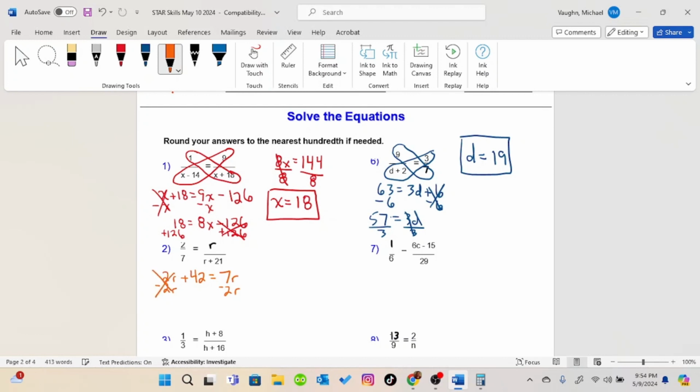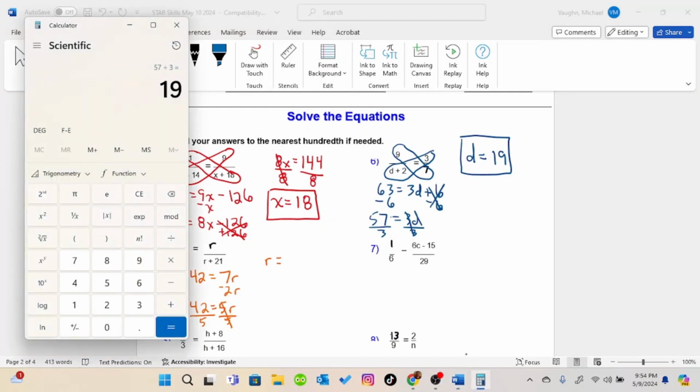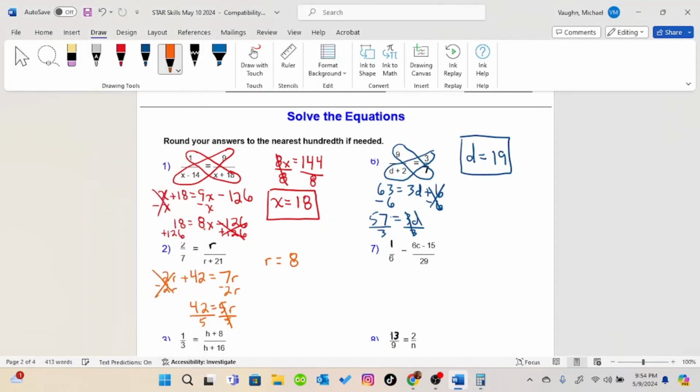And 42 equals 5r. We divide both sides by 5, and r equals 42 divided by 5 equals 8.4.